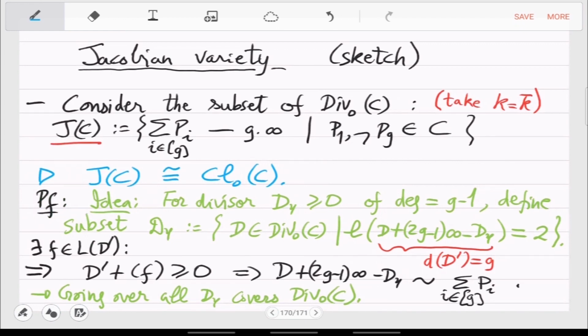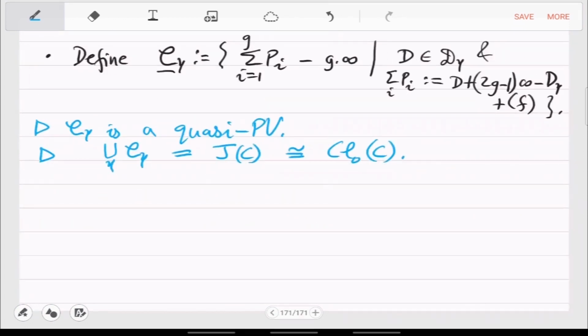Yeah, that was actually our original definition of JC also. So this set JC, we have found its patches, which are varieties, and you can glue them and you can get a single variety.